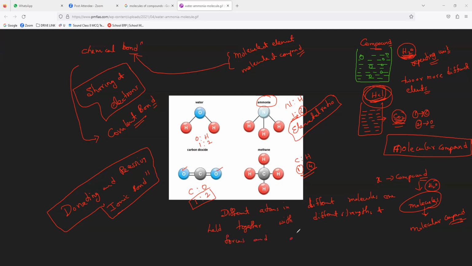Atoms of different elements joined together in definite proportions to form a molecule of a compound.